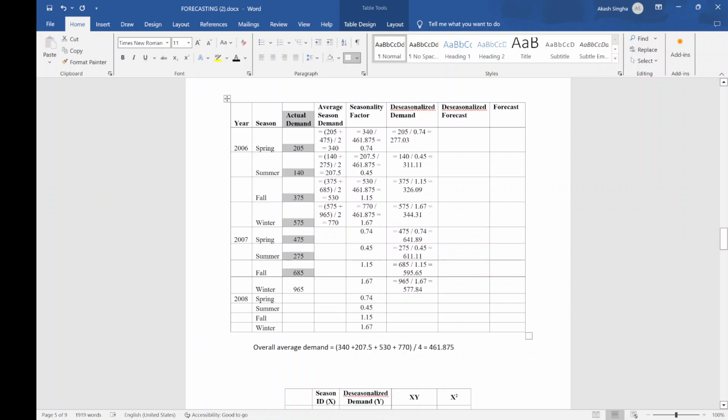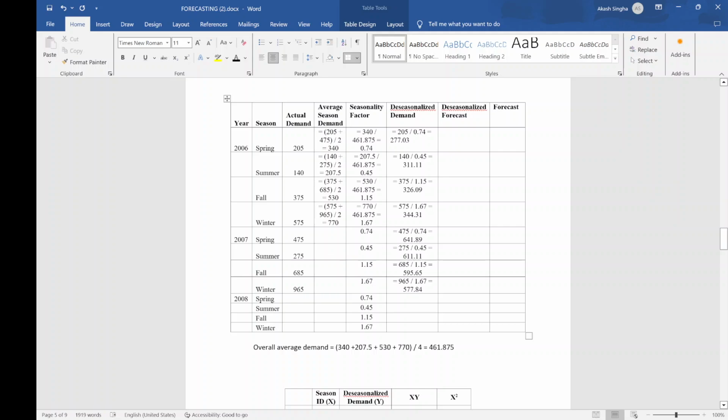We first write the seasons and years. Then we have to calculate the average season demand, by calculating the average for spring, the average for summer, fall, and winter. After that, we calculate the seasonality factor, which is each of these averages divided by the average of these four, which we calculated.